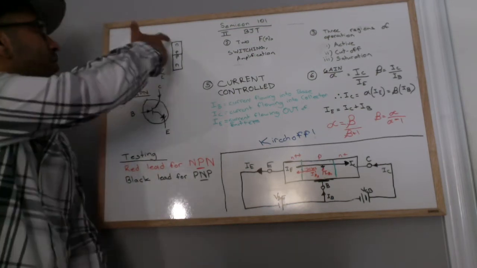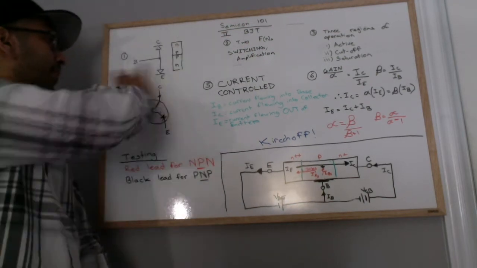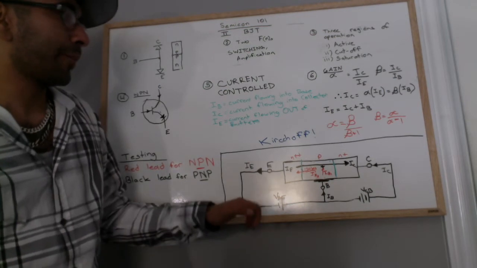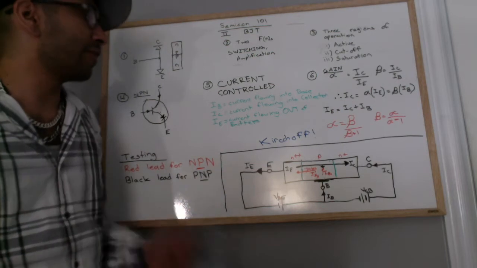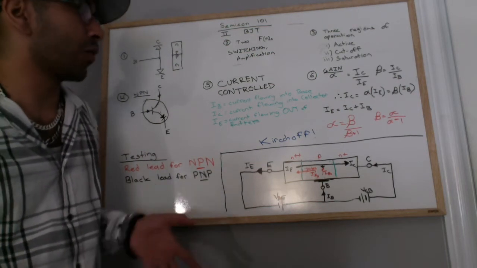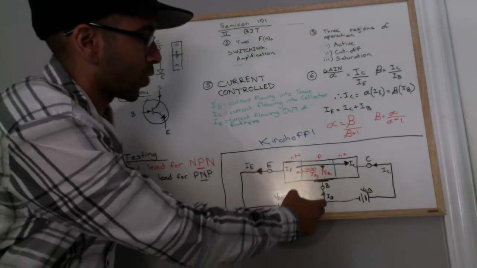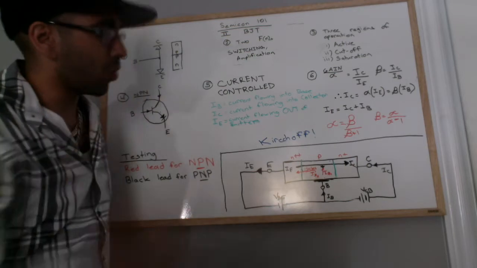Now, after this two-diode sandwich model, this is the true circuit symbol. This is sort of how they work, and this is a very physics-heavy example of how they work. All you really need to know is current flows up, and by current, we're talking about holes.